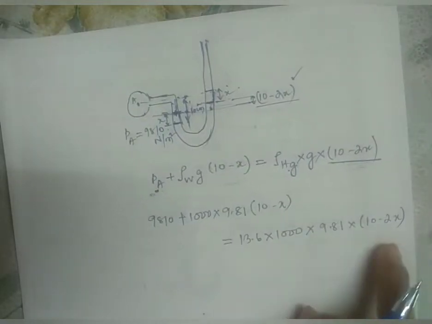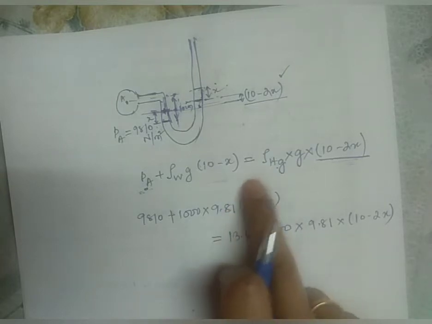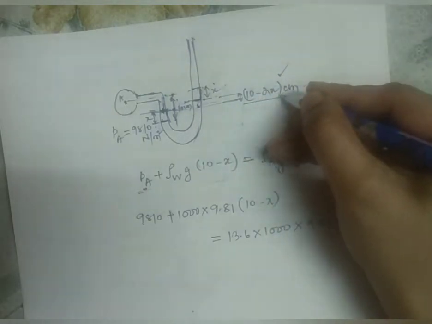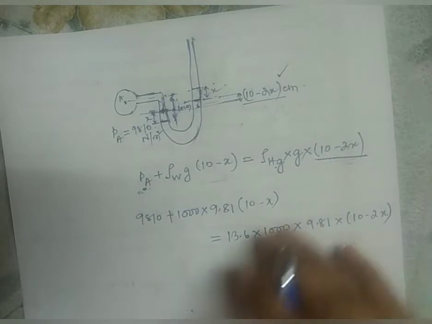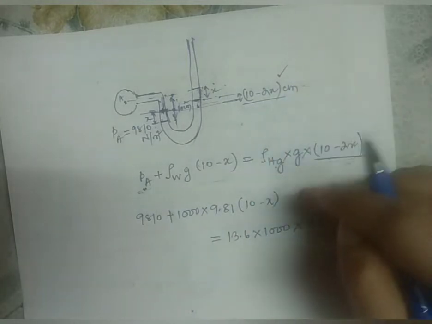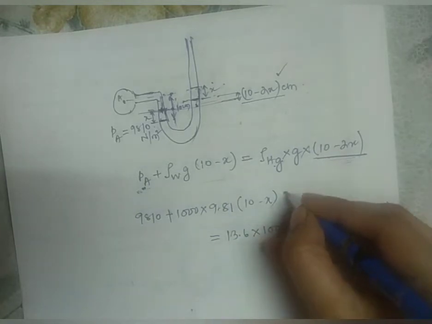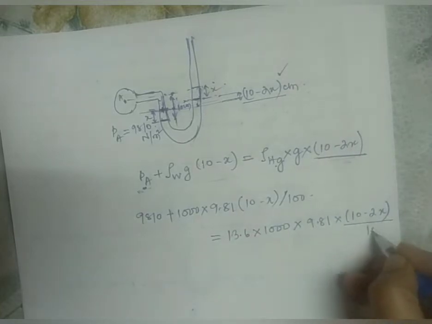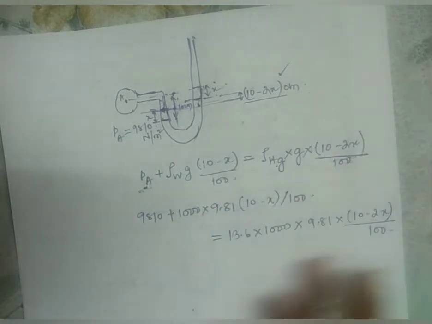Note that I have written this in centimeters. You have to convert this part: 10 centimeter minus 2x centimeter. All the units should be in SI units, so you have to convert the centimeter part to meters. So I have to divide this by 100, only this term, and again by 100. I hope this is clear to you all.